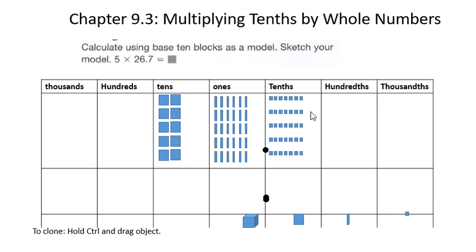So I have 7 plus 7 plus 7 plus 7 plus 7 tenths. So how many tenths is that altogether? I have 35 tenths. And I could count them one at a time, but we could use our skill with multiplication. So what if I took away 30 of them? I could replace those 30 tenths with 3 ones.